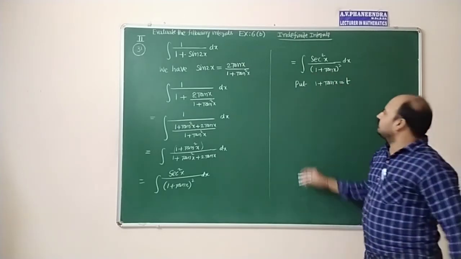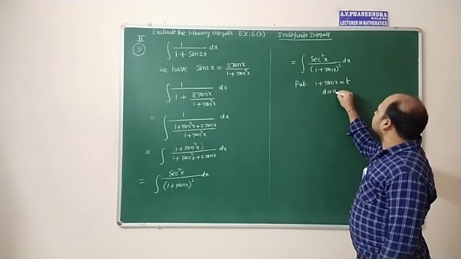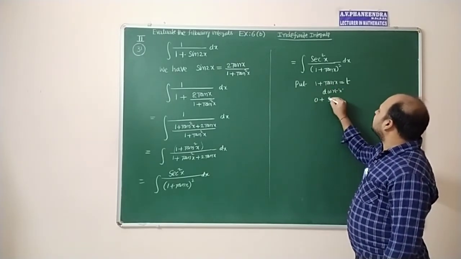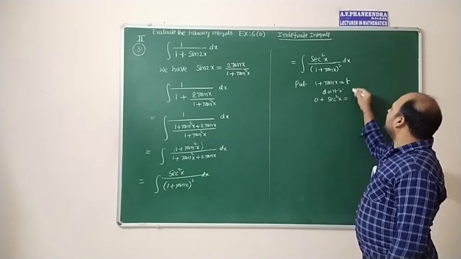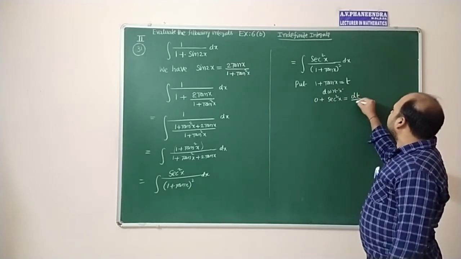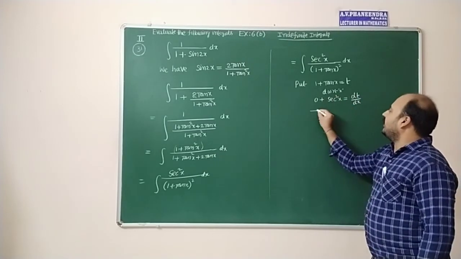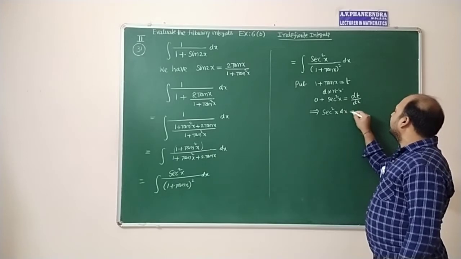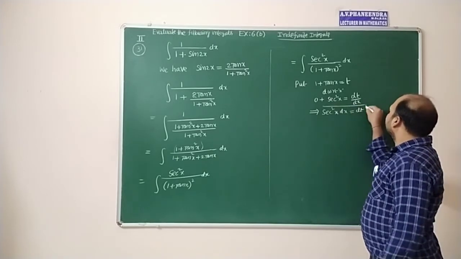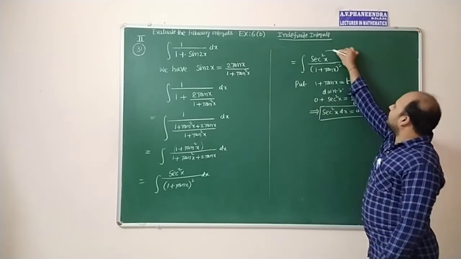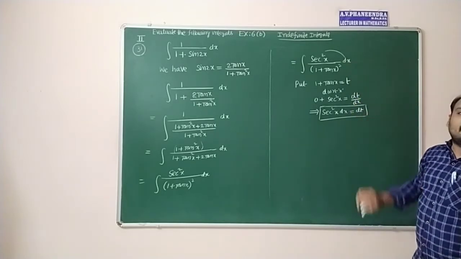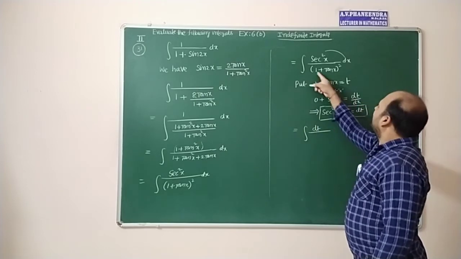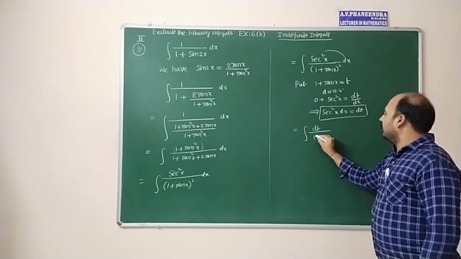If you differentiate with respect to x, the constant derivative is 0 plus tan x derivative is secant square x, equal to the derivative of t with respect to x, dt by dx. Cross multiplying, secant square x dx is equal to dt. Now in place of secant square x dx, you have to replace with dt. Integral dt divided by t square, since 1 plus tan x is t.